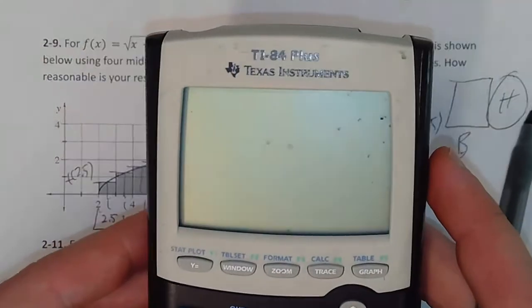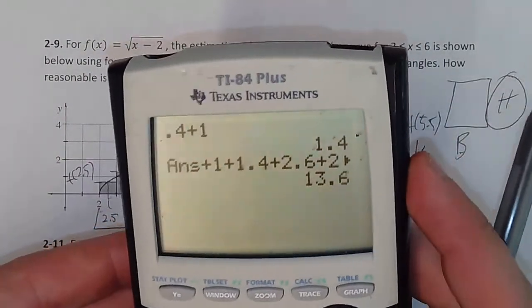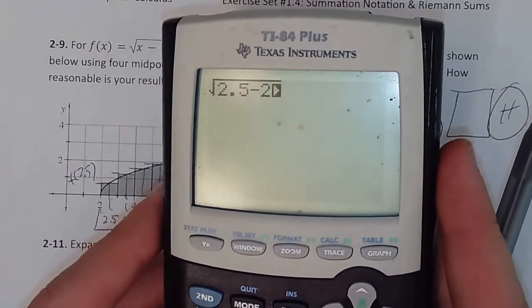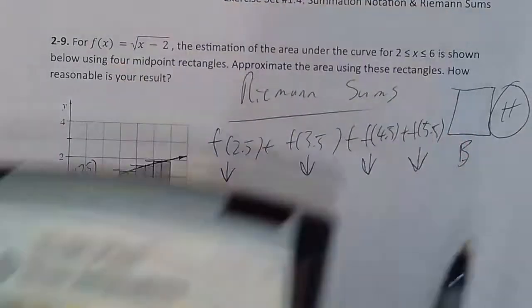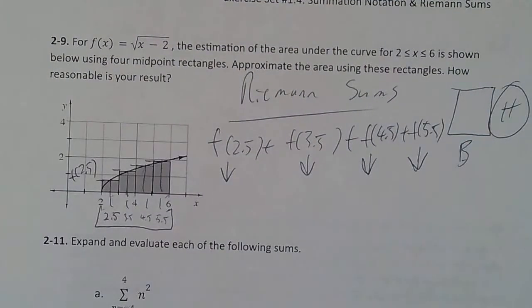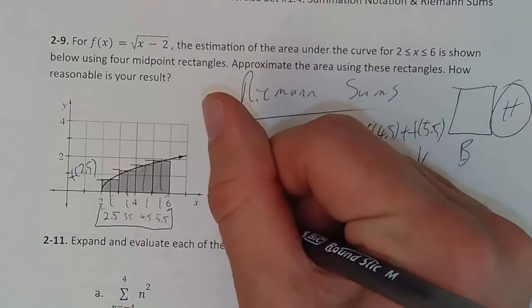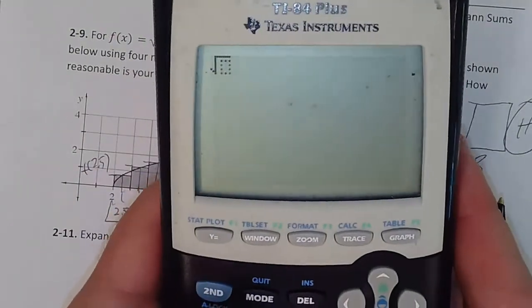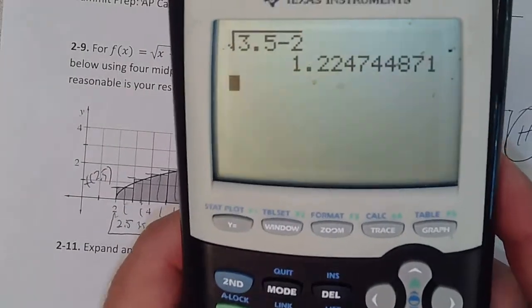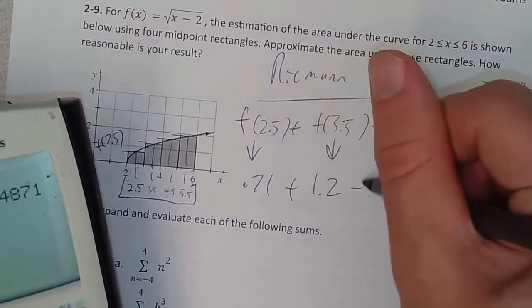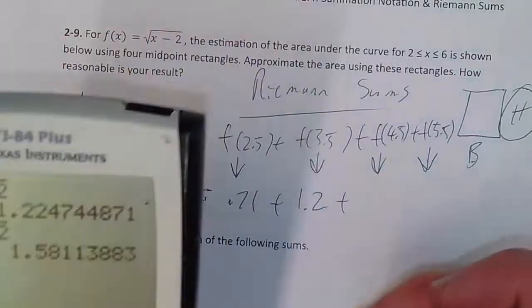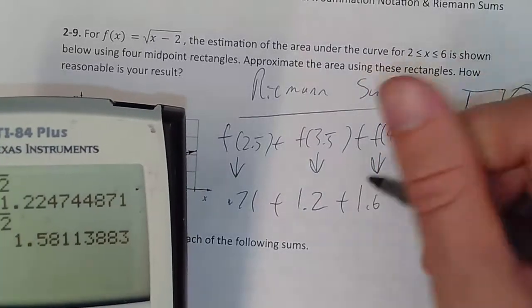So, for example, on the calculator, I would do the square root of 2.5 minus 2 equals 0.71. 0.71 plus, same thing for the next one, square root of 3.5 minus 2 is 1.2, plus square root of 4.5 minus 2 is 1.58.